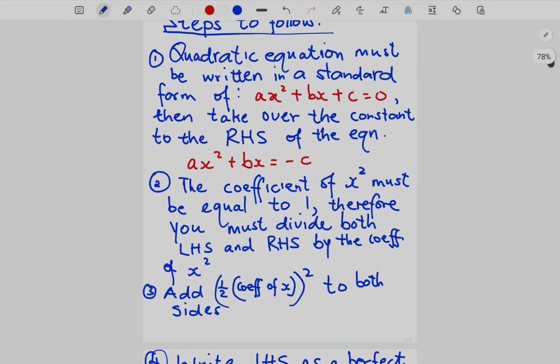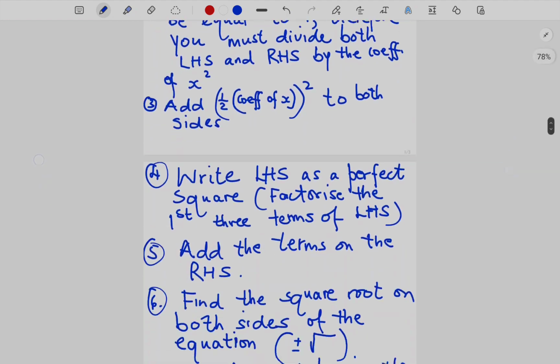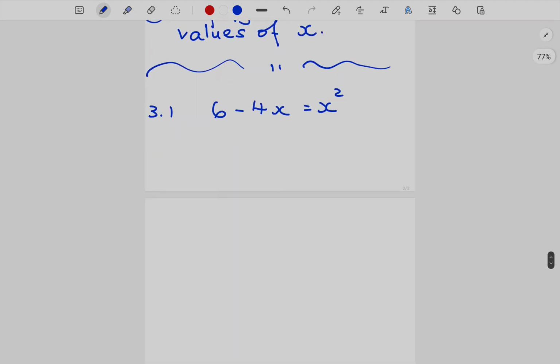Okay, let's go to step 1. It says the quadratic equation must be written in the standard form of ax squared plus bx plus c is equal to 0. Then take over the constant to the right hand side of the equation. Okay, so now it is not in the standard form. So you can do it like this.